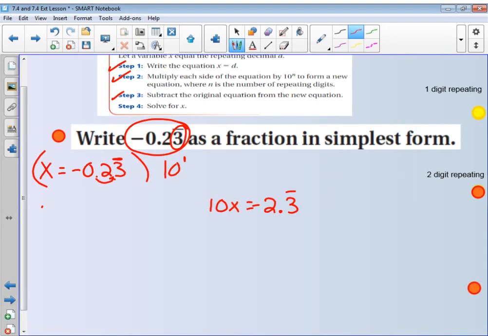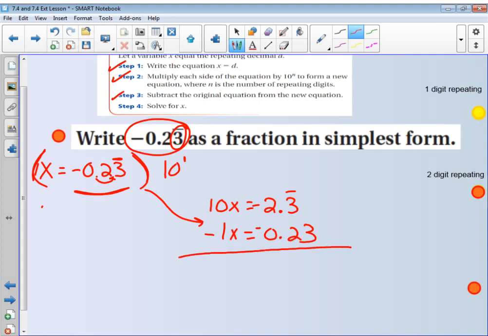So here's where it's going to change up just a little bit. We have to remember that we're subtracting a negative. So if I write this part that's in my parenthesis, I'm just going to shift down underneath here. So minus, and I have a 1x equals negative 0.23. Okay, so 10 minus 1 gives me 9x equals.